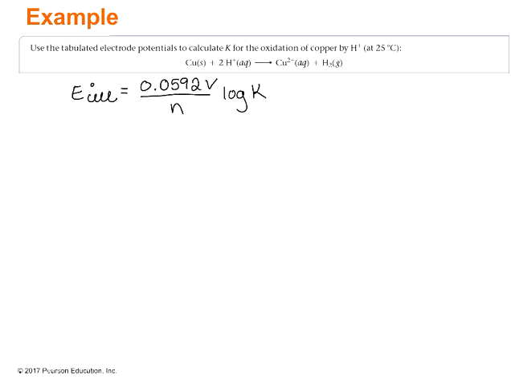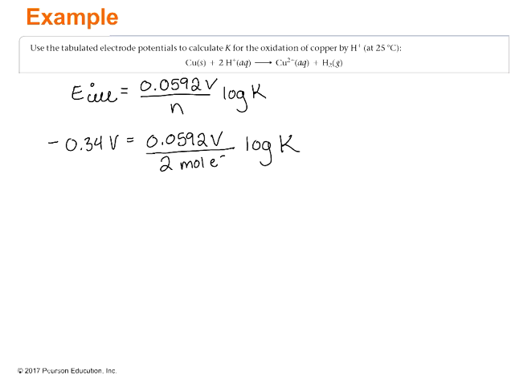We just said it was negative 0.34 volts. We also determined that n is equal to 2 moles of electrons. And then we have the log of K.